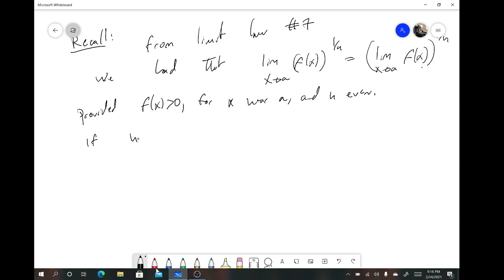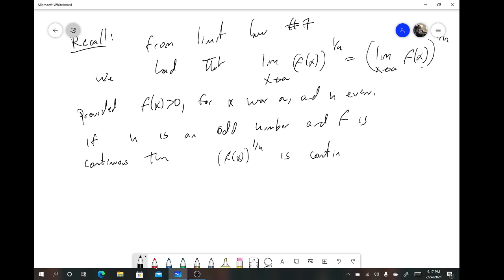Now, if n is odd, if n is an odd number, and the function that we're working with is continuous, then the function f of x to the power 1 over n is continuous at a because of the following.